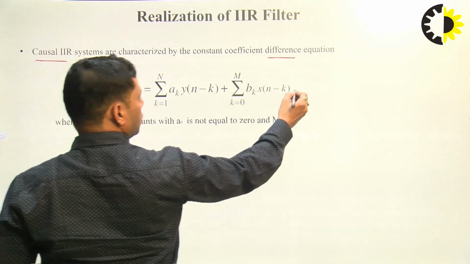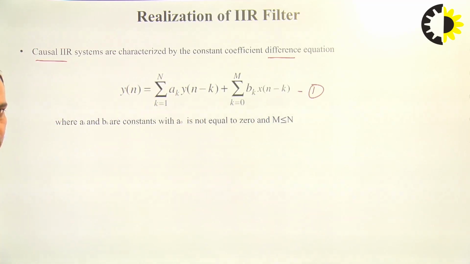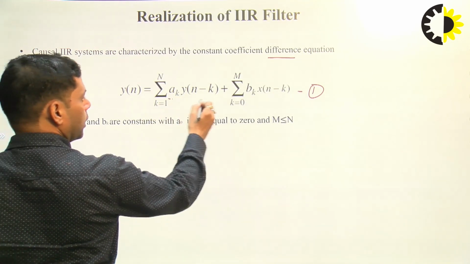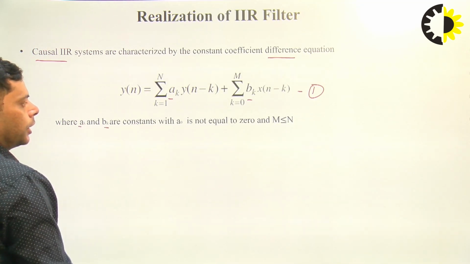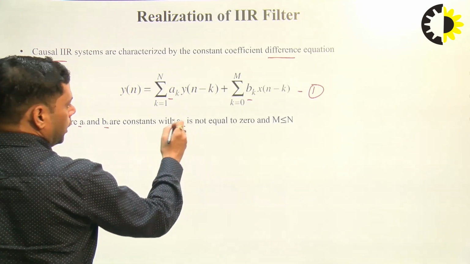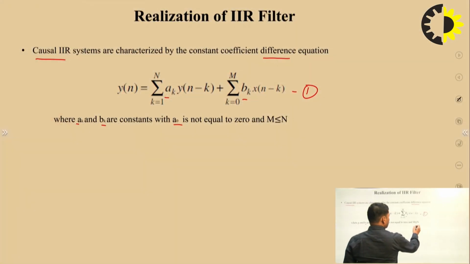This is equation 1, the difference equation for an LTI system, where a_k and b_k are constants with the condition that a_0 is not equal to 0 and M is less than or equal to N.